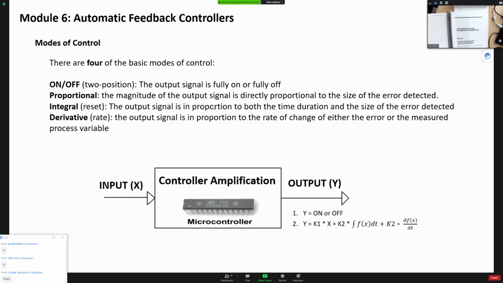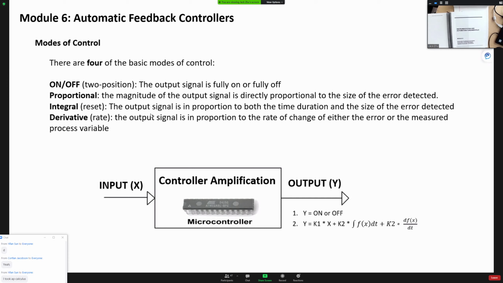It's proportional to the size of the error. Integral and the derivative, that's another two things. I think most of you never learned calculus in high school, right? So to put it in a basic way, it's a mathematical function.